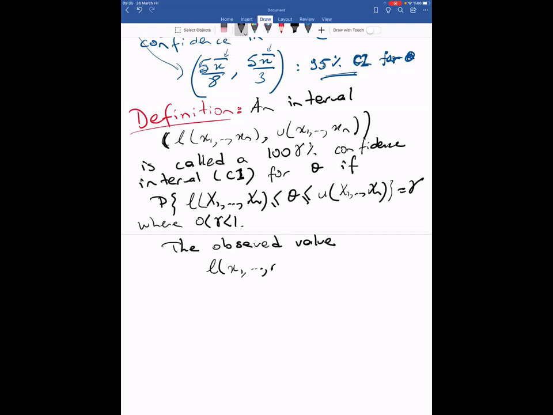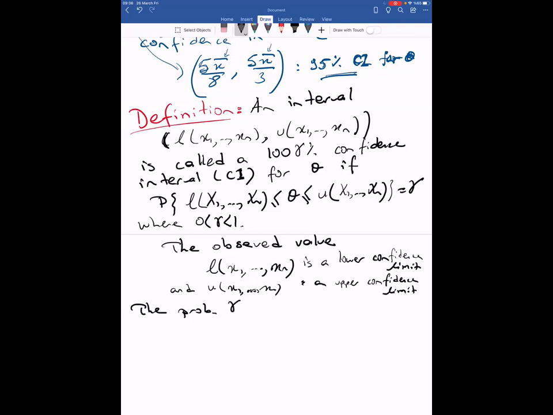We will see many examples. So the observed value l(x1 to xn) is a lower confidence limit, and u(x1 to xn) is an upper confidence limit, and the probability delta is called the confidence coefficient.